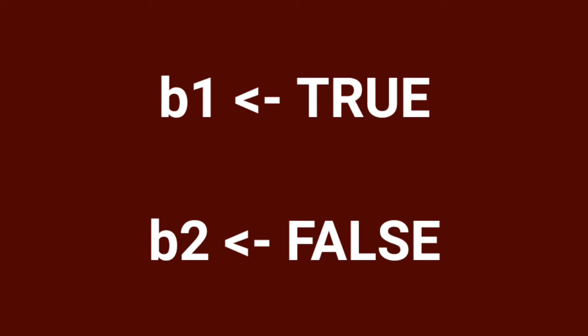Say for example we have two variables b1 and b2. In b1 TRUE is stored and in b2 FALSE is stored. In that case b1 and b2 will be known as logical variables, and when we call b1 and b2 it will return us TRUE and FALSE.